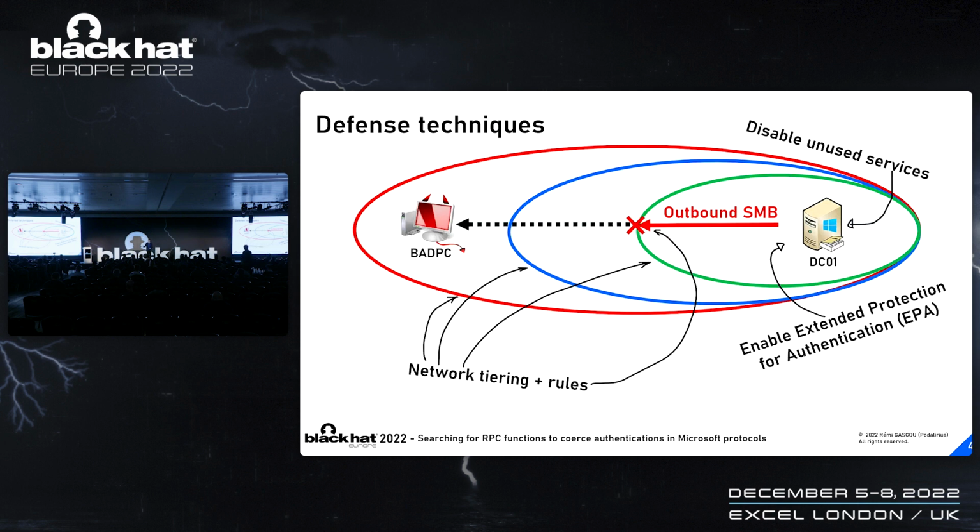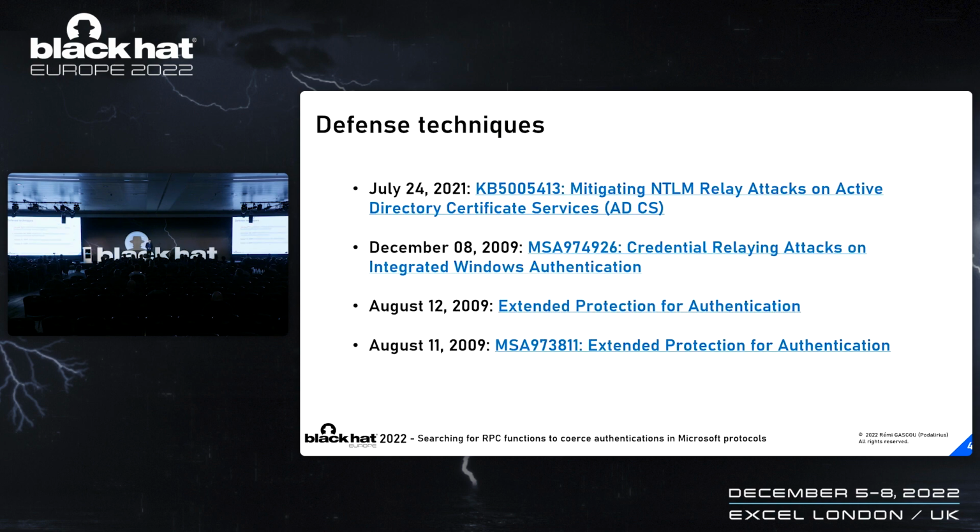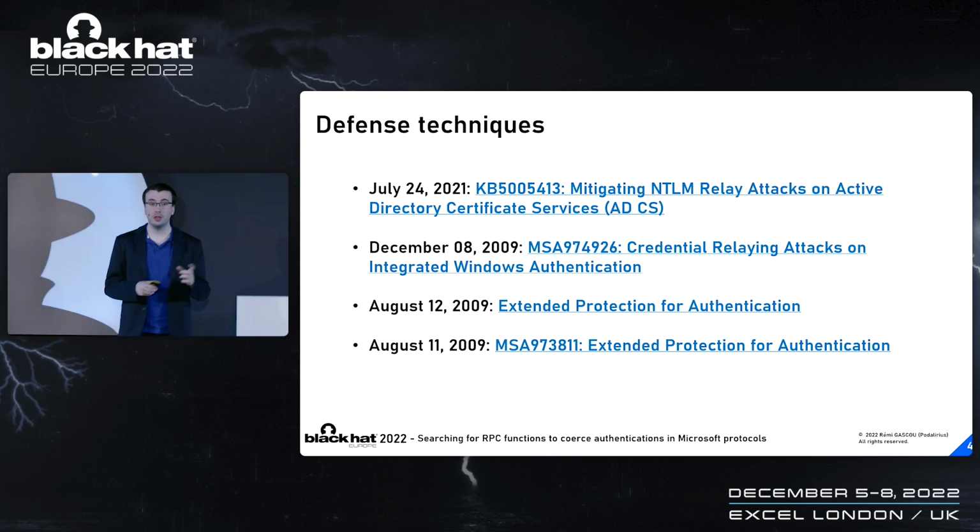It should not happen that tier 0 connects back to tier 3 with SMB, or directly on the internet. It happens as well. I've left here a few links inside the slides. The slides will be up on the Black Hat website later today. And they all describe how the EPA works, the extended protection for authentication. And they are really interesting if you want to check them out.